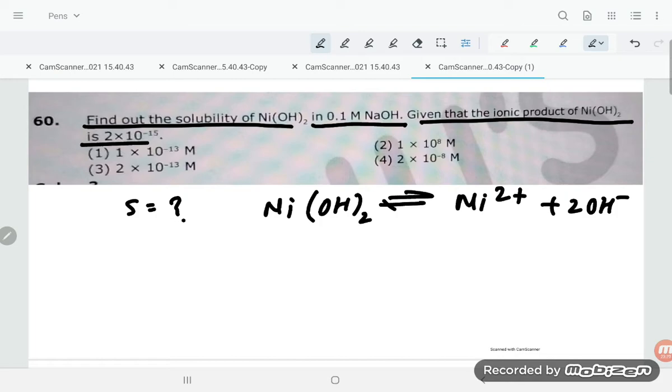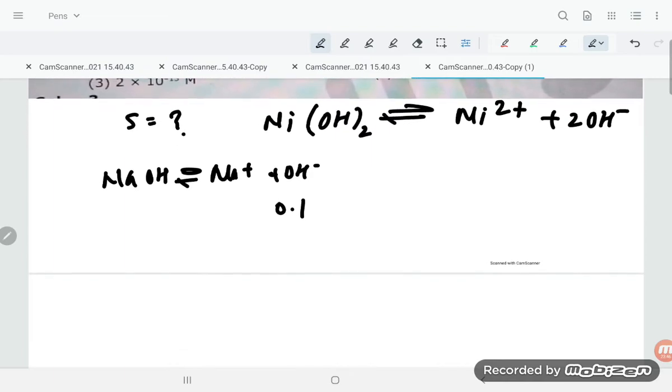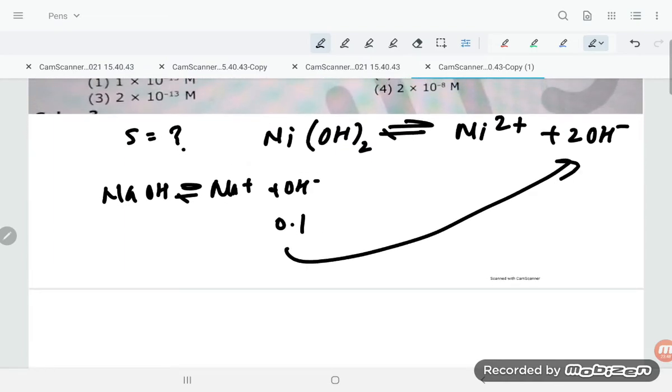If you talk about the solubility, it is given the ionic product of Ni(OH)2. NaOH, if it is ionizing, gives Na+ and OH-, and the concentration is 0.1, so that concentration will go there.